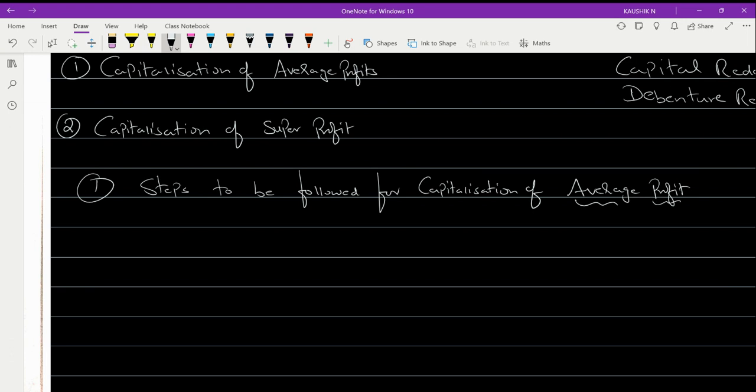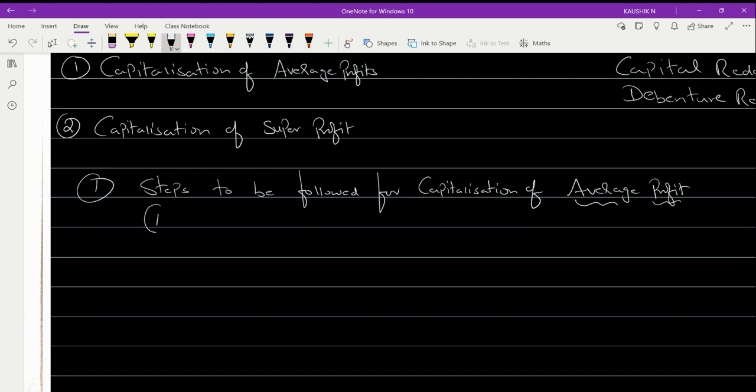It is an easy concept. Just follow the instructions and the steps one by one. The steps are also given in our textbook, you can refer to it later on. For now, just understand what the concept of the capitalization method is all about. First, you have to find out your average profit.